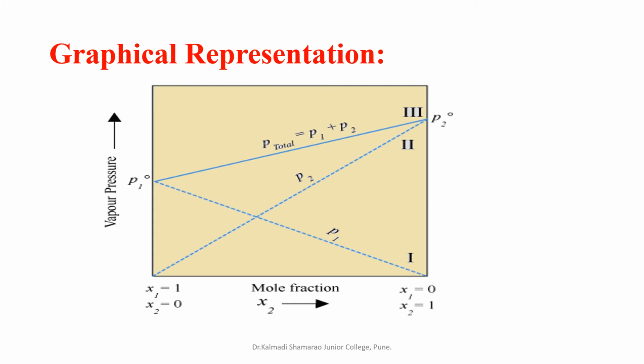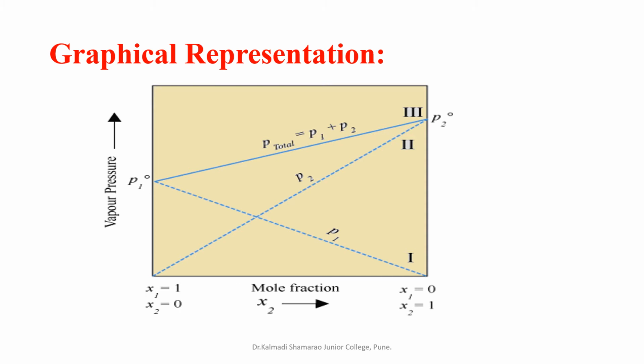The plots of P1 versus x1 and P2 versus x2 are straight lines passing through the origin, which are represented by the dotted lines, curve 1 and curve 2.